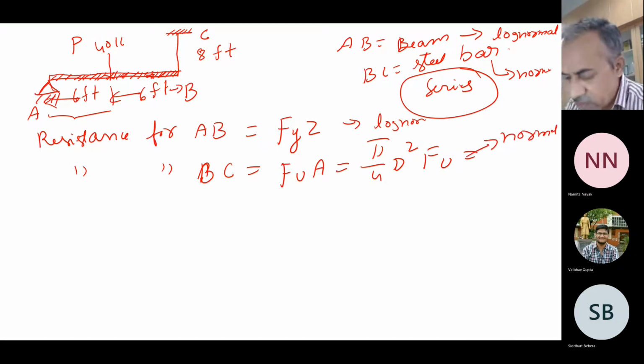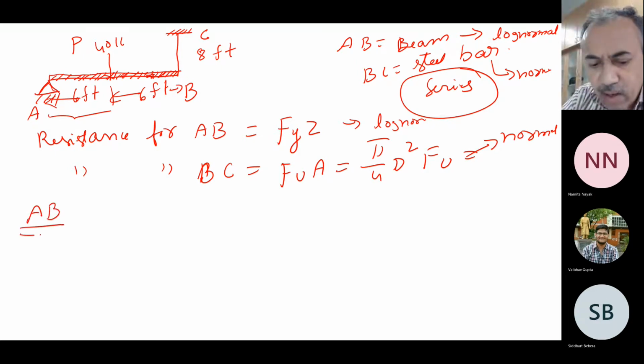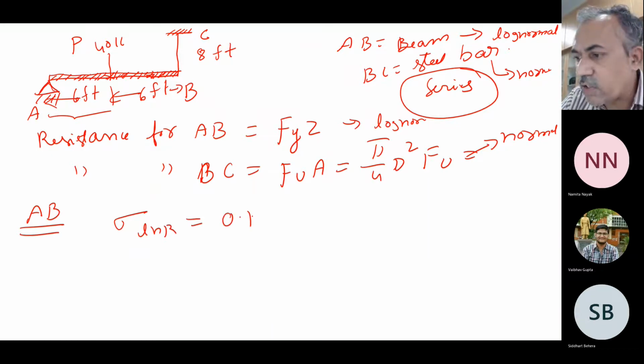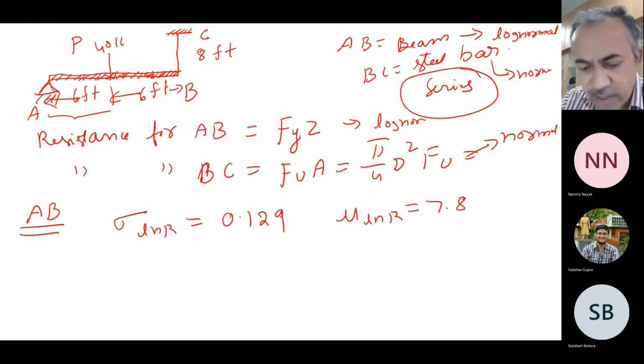Okay, so this is what they have given here, and the mean and standard deviation anyway you follow, right? You can easily find out here. So for the beam AB, sigma log R of the log normal distribution is 0.129, and mu log R is 7.84.